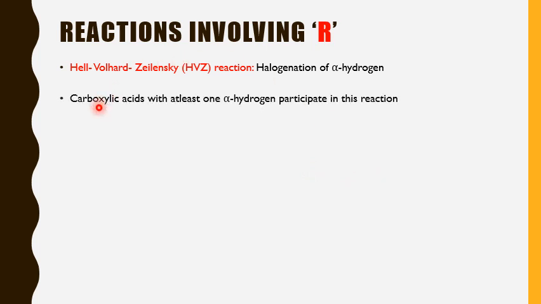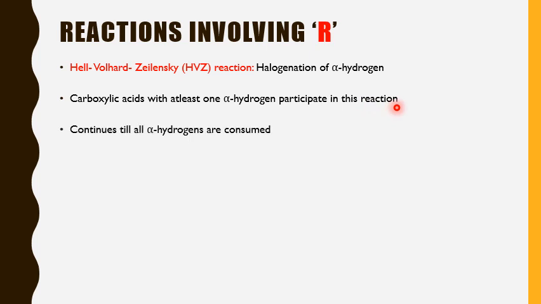So which type of carboxylic acid? That means, do all the R's undergo this reaction? No. The carboxylic acid where the R group is having at least one alpha hydrogen. At least one alpha hydrogen will participate in these reactions.